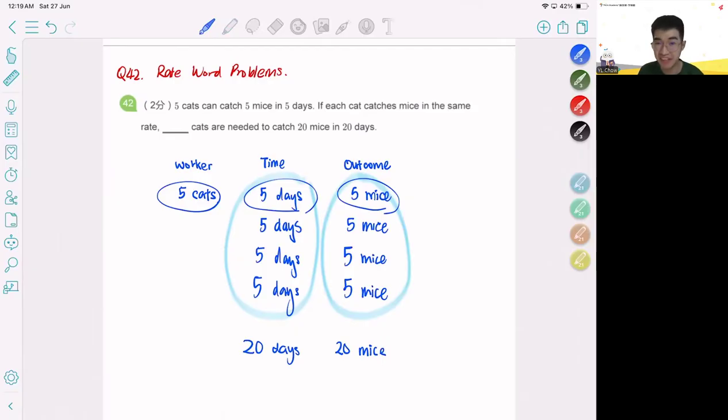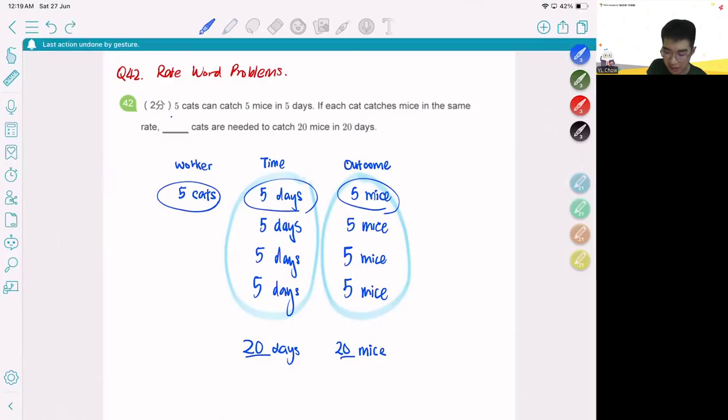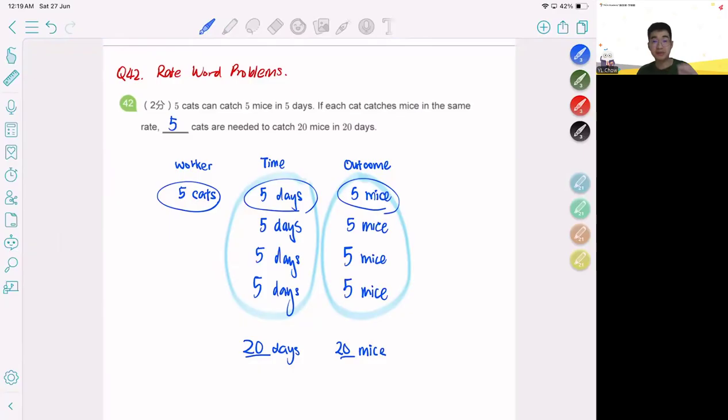Did I change the number of cats though? No, the same five cats used 20 days to catch 20 mice, right? So the answer is not 20, the answer is 5, right? You just need to think, what if I have the same group of people? I prolong, I make the time that they do the work longer. How does that change the outcome, right?